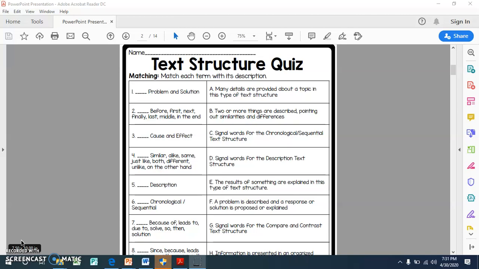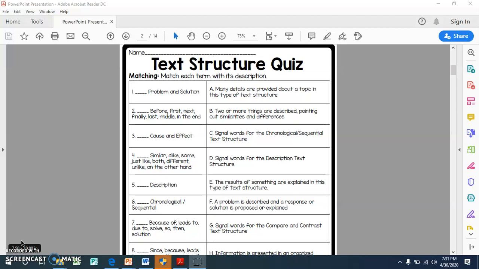So we are now going to take a quiz. So you should have a piece of paper and a pencil ready. Your assignment today is going to be to take this quiz and you're going to send me a picture of it. So make sure that you are ready to go. If you need to pause, do so. If you need to pause or go back to the video from the past 2 days to go over those structures, please do.